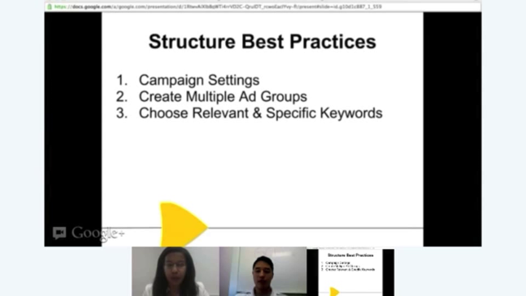Or you can even do a radius around New York City and have it expand out to, let's say, New Jersey or Connecticut. That's something you can also set at the campaign level. You can also do the bidding options that Brian mentioned. You can let the system decide your bid, or you can select the option to manually bid for your different keywords. There are also the language settings.